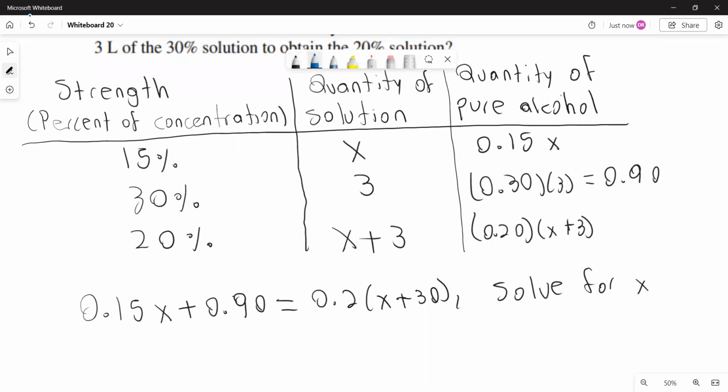Okay, so let's do that. We're going to distribute on the right-hand side. So this is 0.2x plus 0.6.